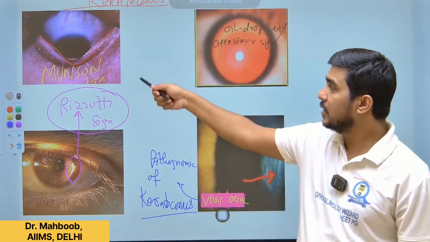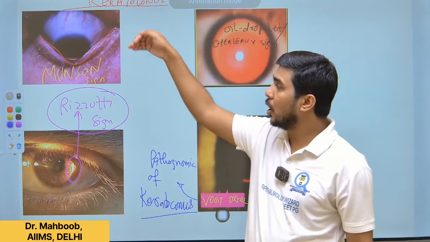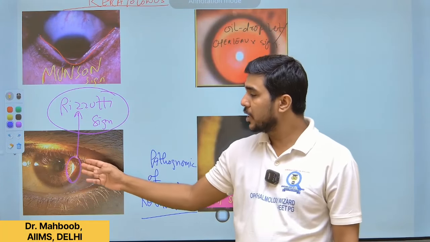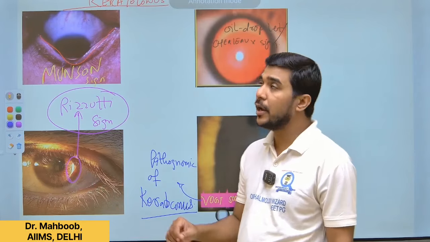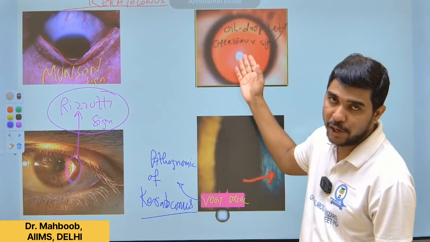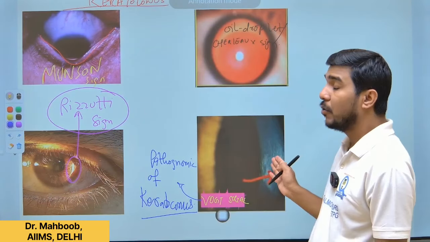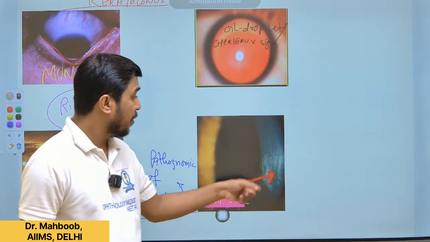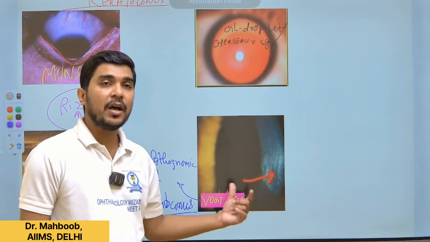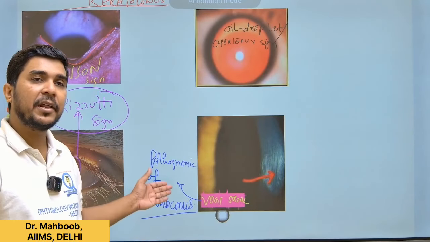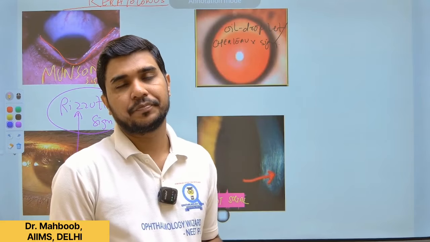So these are the signs of keratoconus: Munson sign, V-shaping of the eyelid on looking down; Rizzuti sign, on oblique illumination, a bright reflex at the corner; on retroillumination, the oil droplet sign; and vertical striations of the cornea, Vogt's striae, which is pathognomonic of keratoconus.